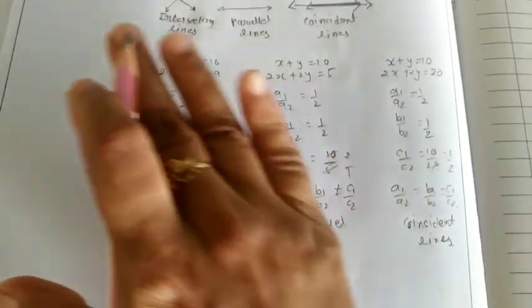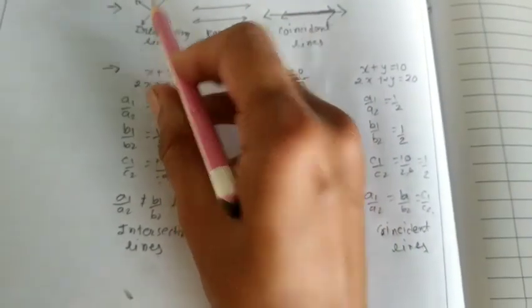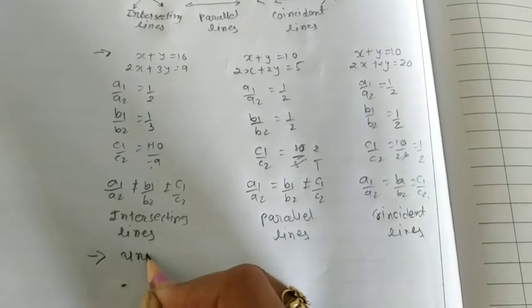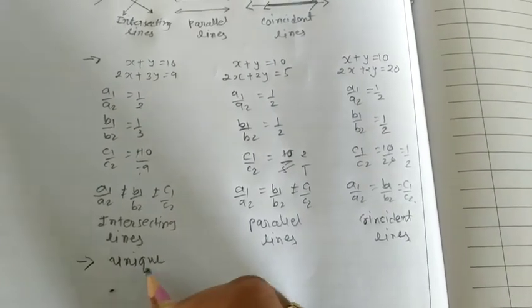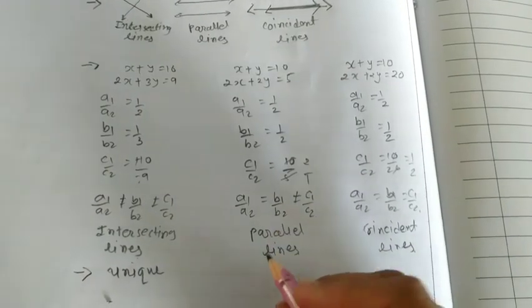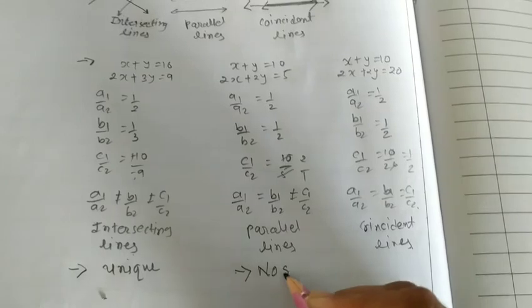Now the solution of these lines. Intersecting lines meet at one point, so they have a unique solution. What kind of solution do parallel lines have? They are not meeting each other, so we say no solution.